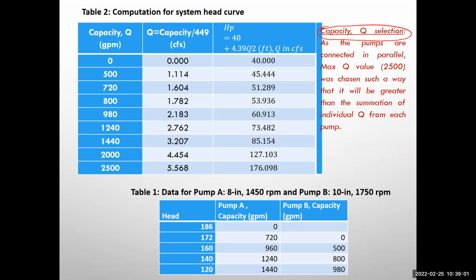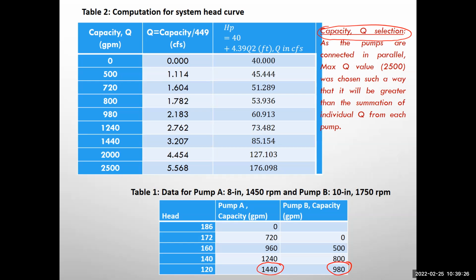Thank you. So when the pumps are connected in parallel, should we add the flow or should we add the head? Flow. And what is the maximum flow for pump A? 1440. What is the maximum flow for pump B? 980 or something like that, right?